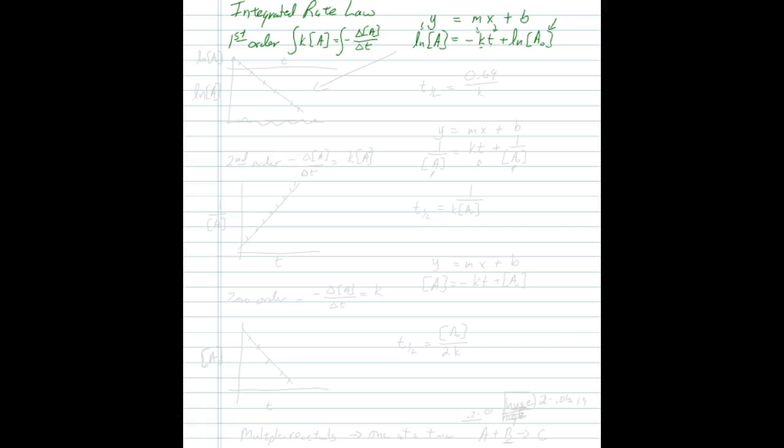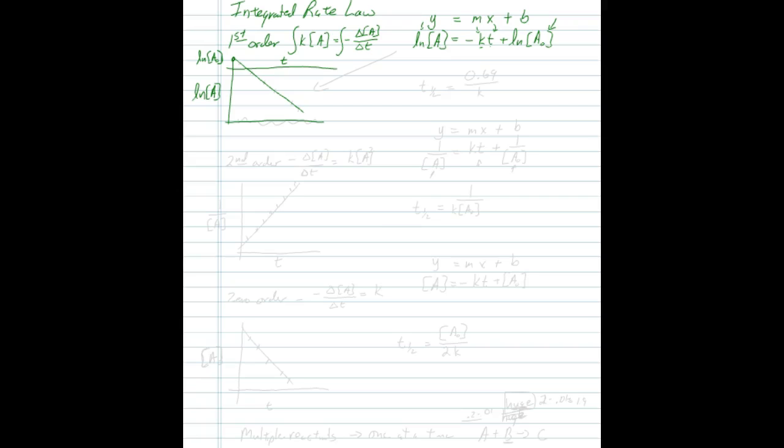If you graph time and natural log of A, this will be your natural log of A naught, your original amount. The slope is negative, so it's going to be descending, and it's going to form a straight line.